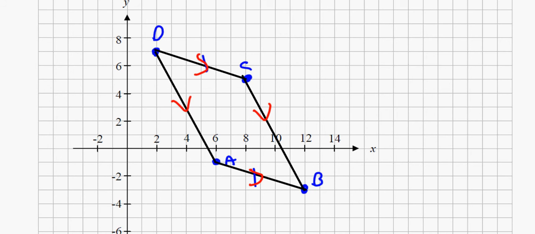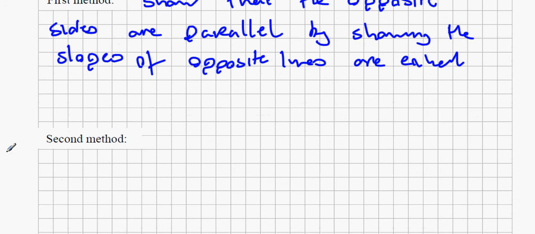Okay, the next one I can do is the second method.